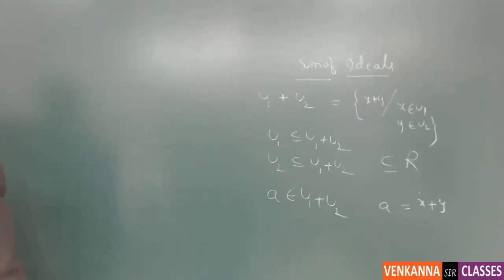If you feel it is difficult, let us do it now. So you want me to do it right now? The sum of the ideals is again an ideal? Right, let us do it now then.